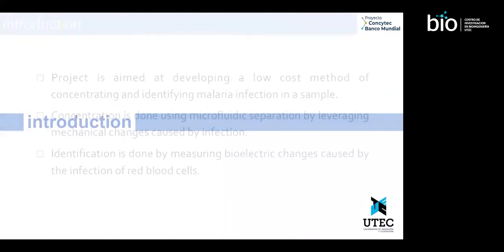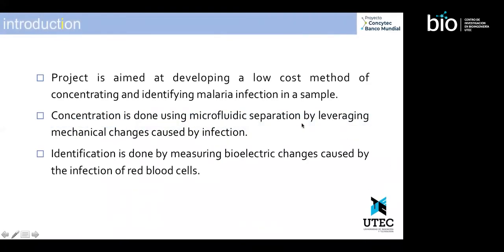So now a bit of an introduction about the project we've been doing over the last 2 years here. It is aimed to develop a low-cost method of pre-concentrating and identifying malaria infection in a blood sample. The pre-concentration is done using microfluidic separation, leveraging mechanical changes caused by the infection. Actually, the infected blood cell has different properties than healthy blood cells.